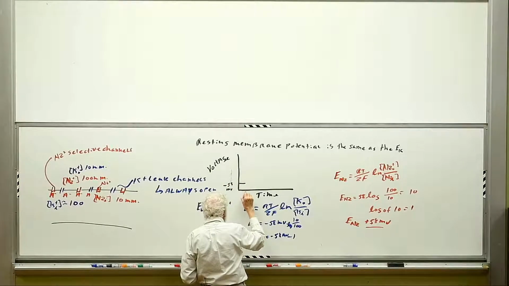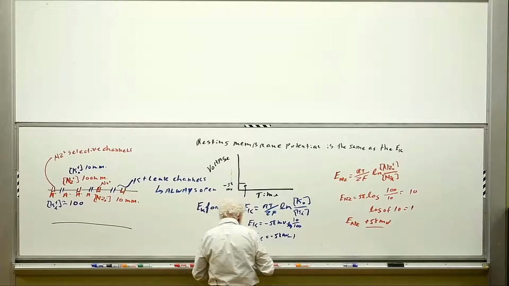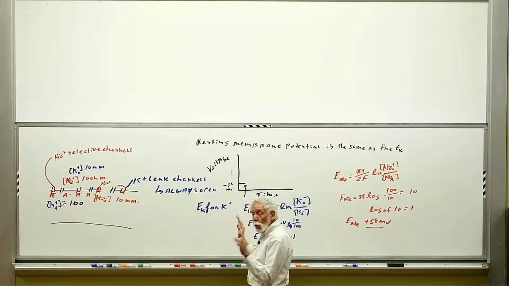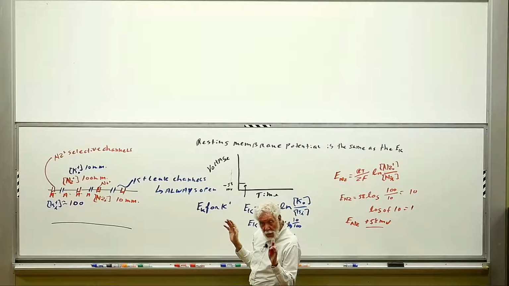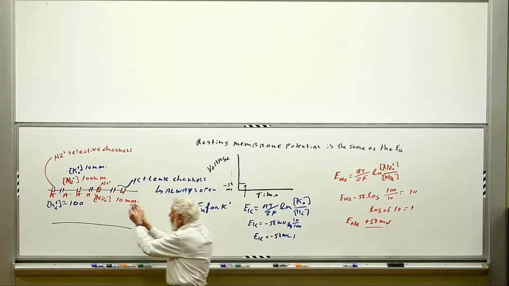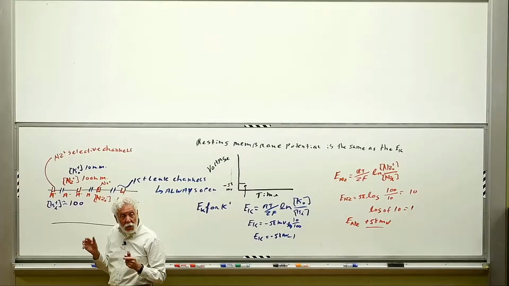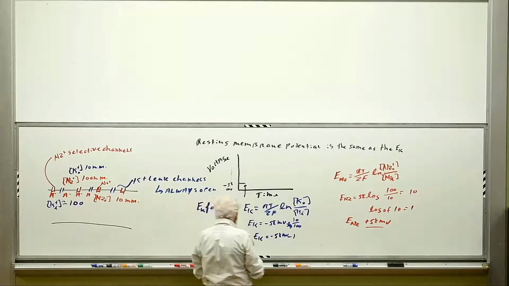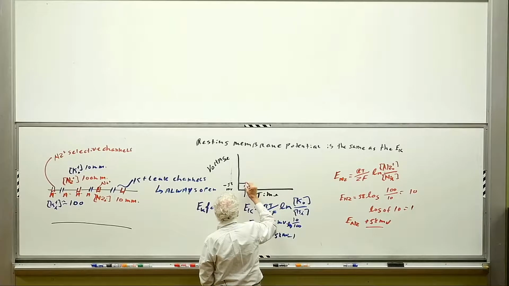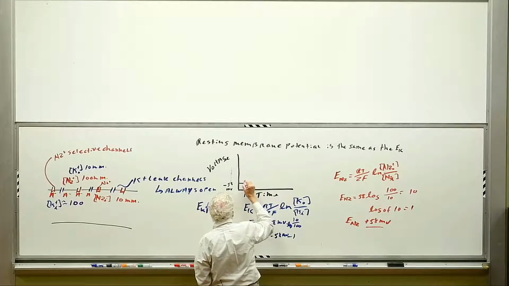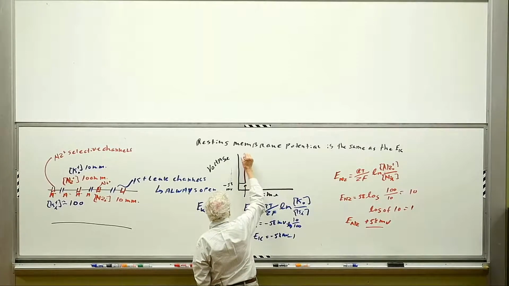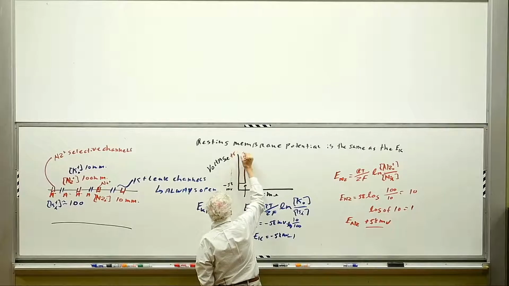And then at this point where we have the arrow, suddenly, in a magical way I'll describe a little later that happens in biology, suddenly we open all of these sodium gates. The membrane potential now will seek the equilibrium potential for the ion whose permeability is dominant. So almost instantaneously, the membrane potential goes from minus 58 to plus 58 millivolts.